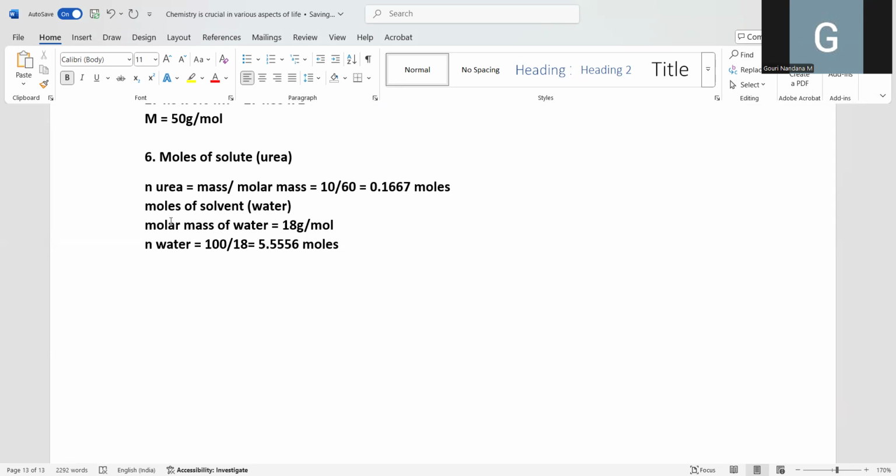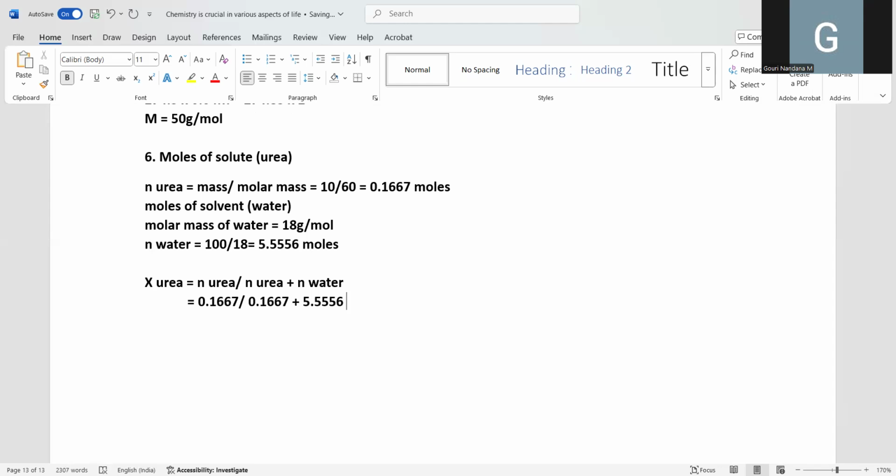Now we need to calculate the mole fraction. So mole fraction X urea is equal to N urea divided by N urea plus N water. So X urea is equal to 0.1667 divided by 0.1667 plus 5.5556.